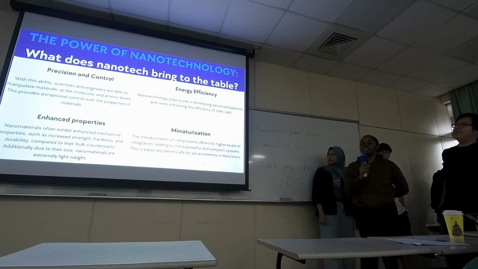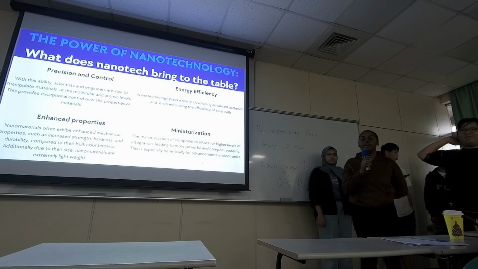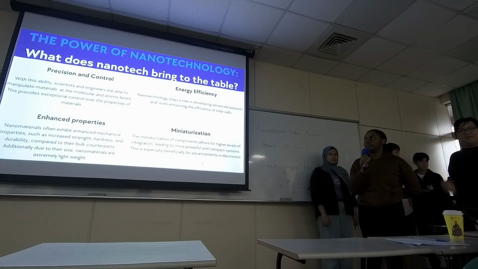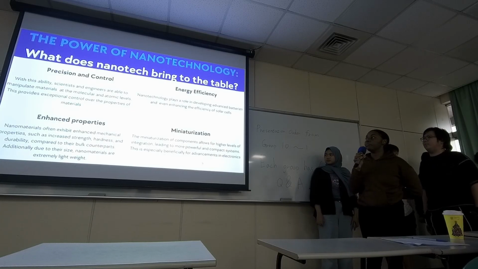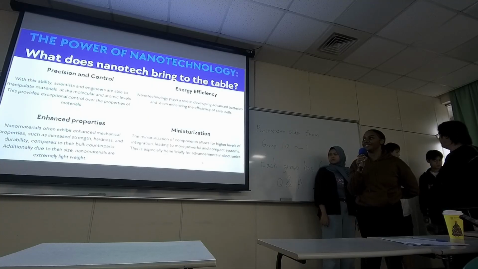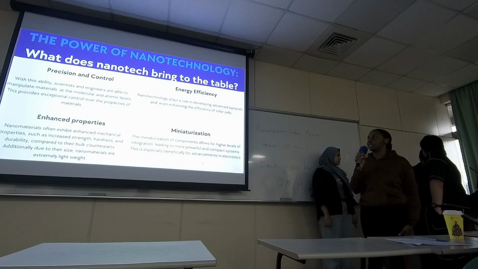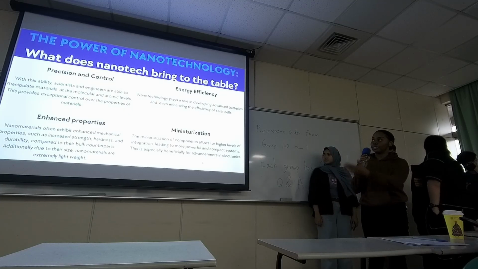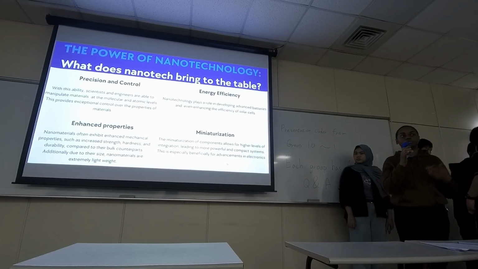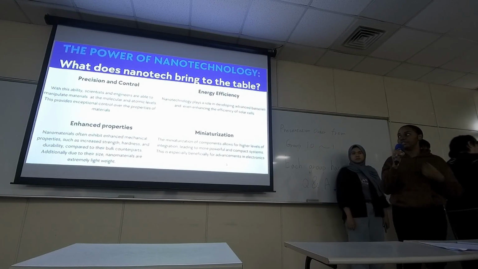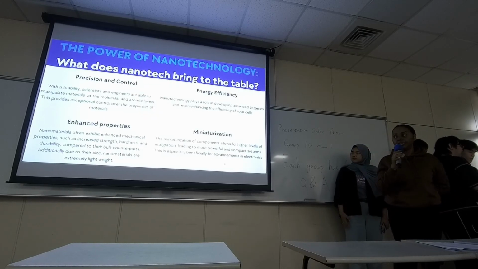All right, so what does nanotechnology bring to the table? Well, for one, we have precise control, because nanotechnology allows us to manipulate matter on a molecular and atomic level. This provides us with the ability to control the material's properties. We also have enhanced properties, which would include higher strength, harder materials, and more durable materials as well.